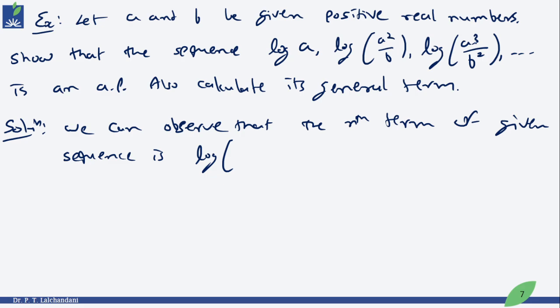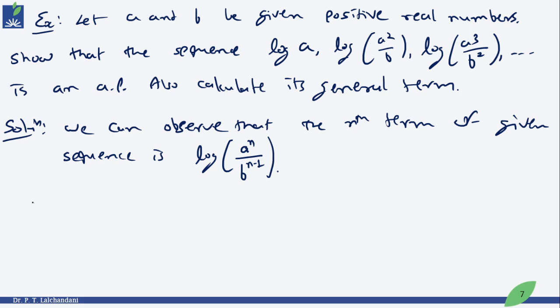In the third term power of a is 3 and power of b is 2. So what will be the power of a in the nth term? Obviously it will be a raised to n. And the power of b will be n minus 1. So the general term is log a raised to n upon b raised to n minus 1.